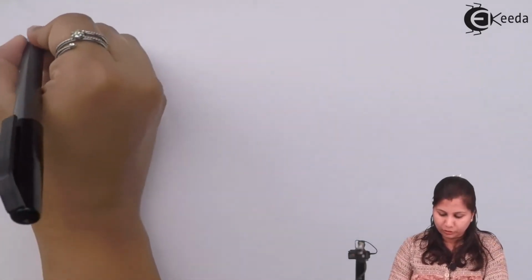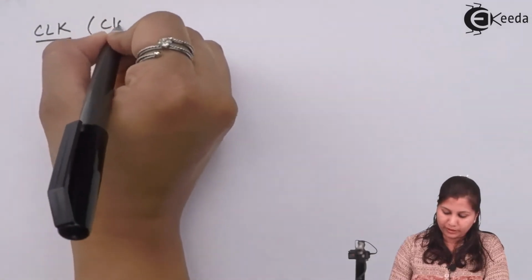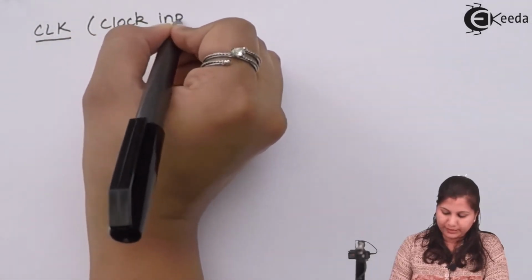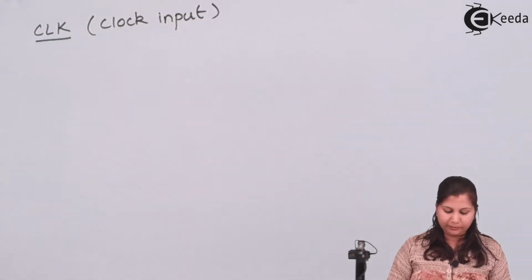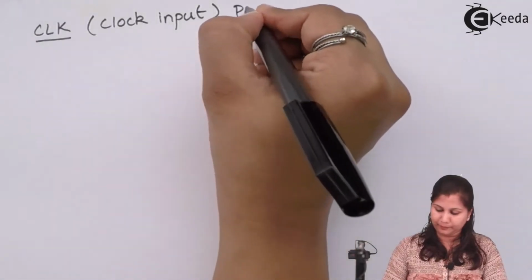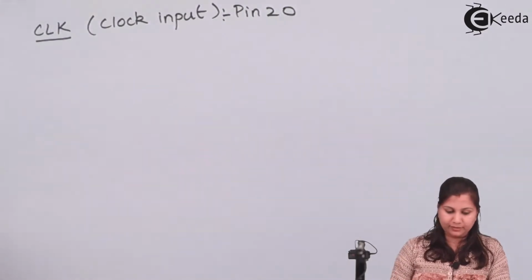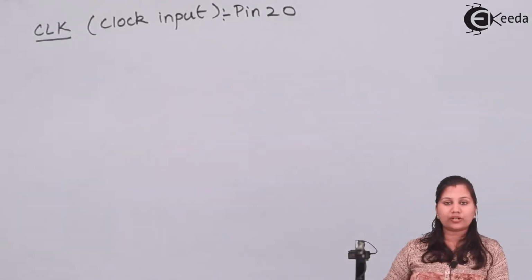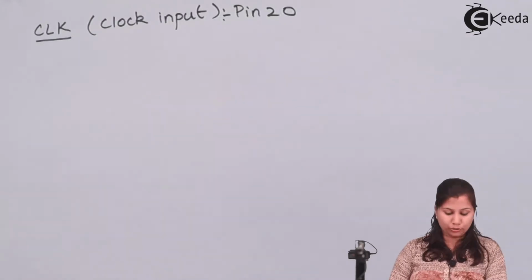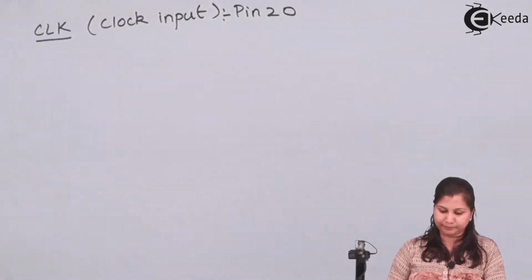Then we have the clock signal. This is for clock input. It's an input terminal which is available at pin number 20. Now this clock signal is used to generate the internal timing and the control signals. It will provide the clock signals for controlling the timing and control signals for the 8251.